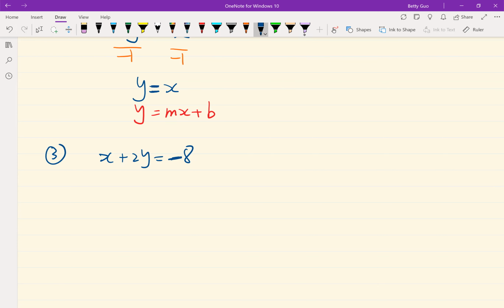Try to just isolate the y on the left. Isolate the y on the left.